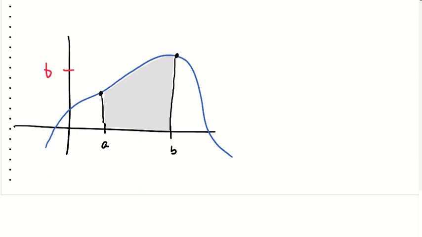So I'll call that f average. If f was constant at f average throughout this whole thing, then it would have the same area underneath it as f has between a and b. So this shaded area would have the same value as the shaded area I had shaded before.